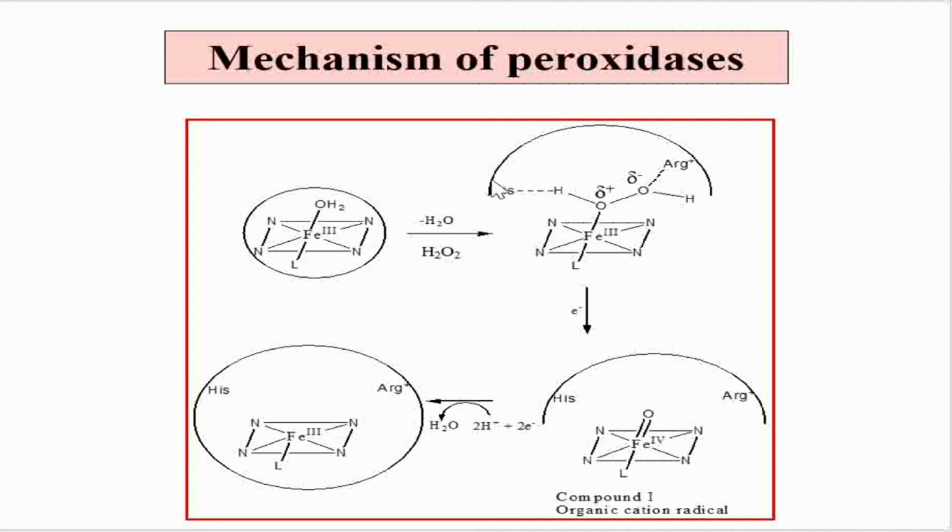So this histidine imidazole group facilitates the transfer of this proton to the departing oxygen, so that the H2O molecule can easily be evolved. So during this reaction, H2O will evolve, and this will convert into compound 1, which is an organic cation radical. And in this case, you can see the iron is in its 4 oxidation state.